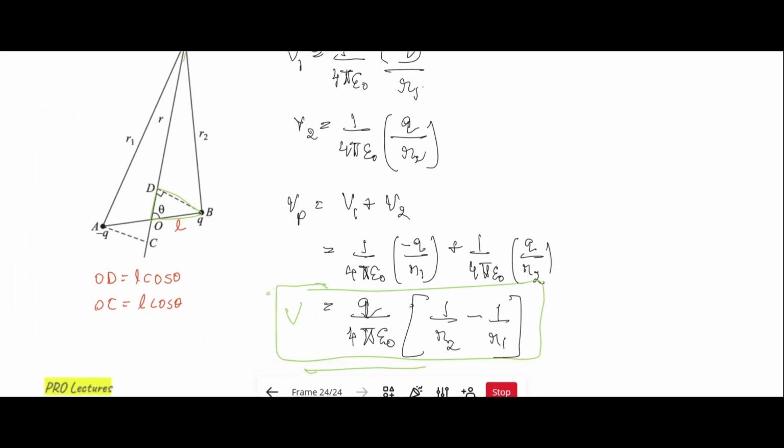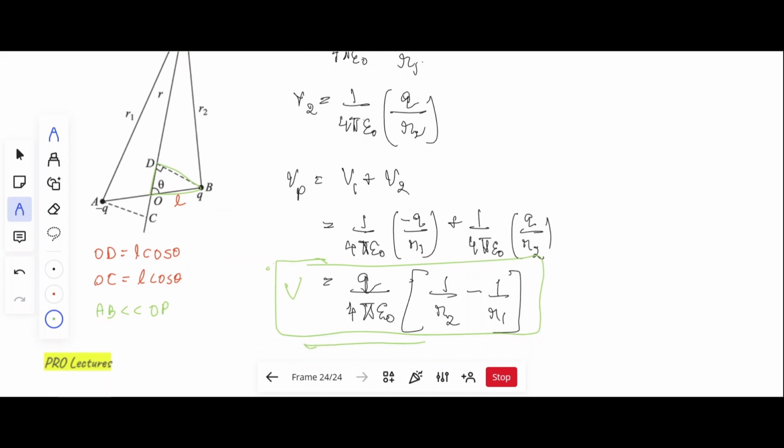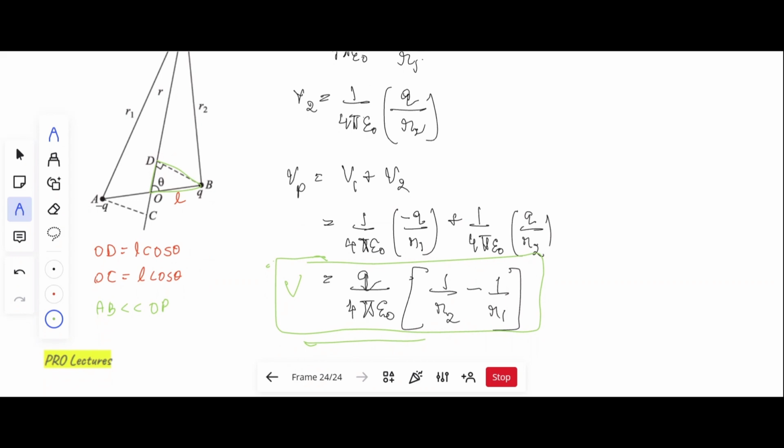For a small dipole, where the distance between the charges, AB, is much smaller than the distance r from the point P, which is OP, with this condition, we take PB is equal to PD and PA is equal to PC.